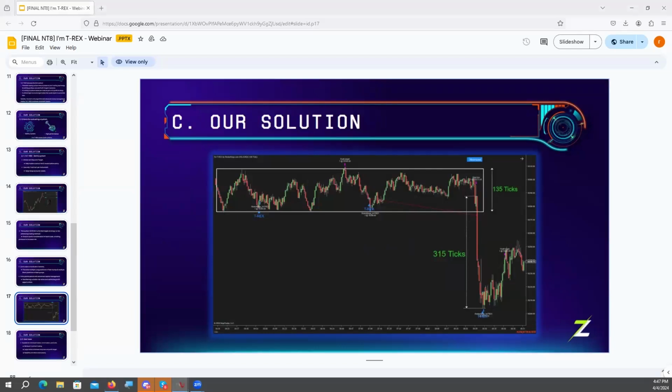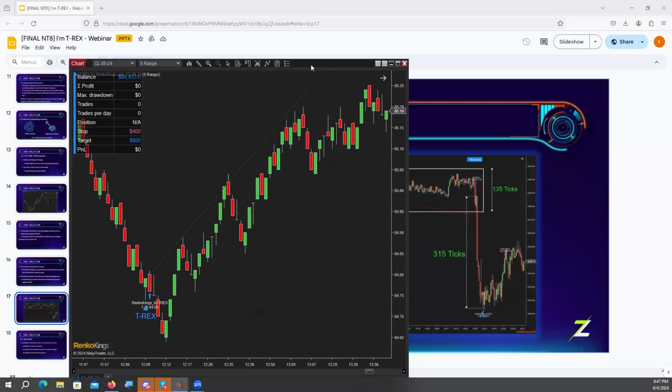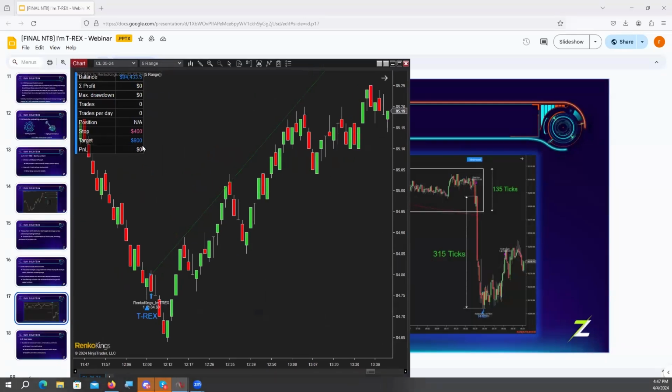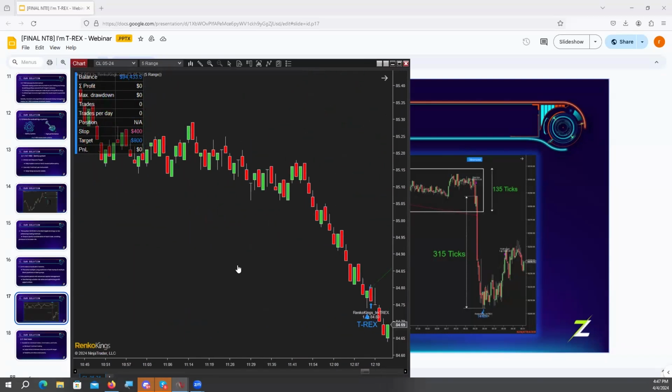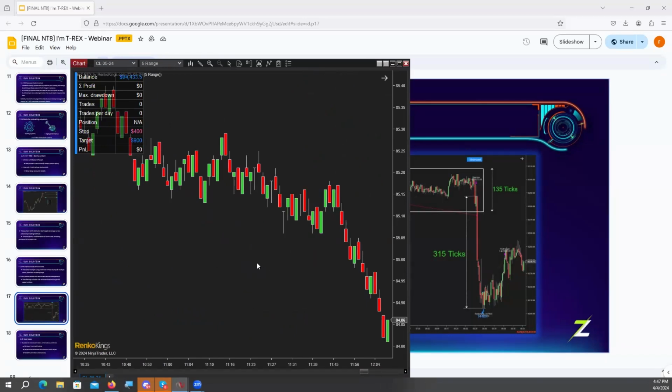Today I chose crude oil, and you can see here how my target is twice my risk. Crude oil tends to be directional when it first opens, like at 9 a.m. Eastern. Once it comes down, normally it begins to oscillate.